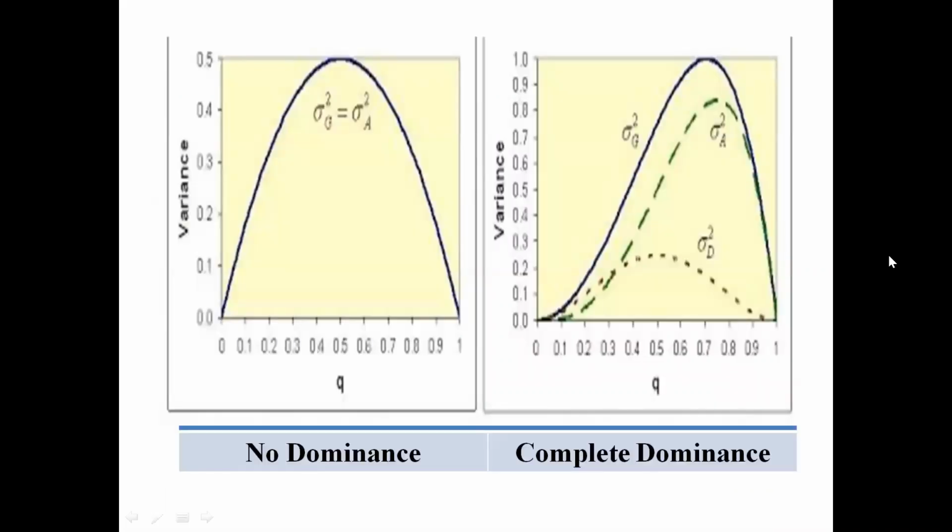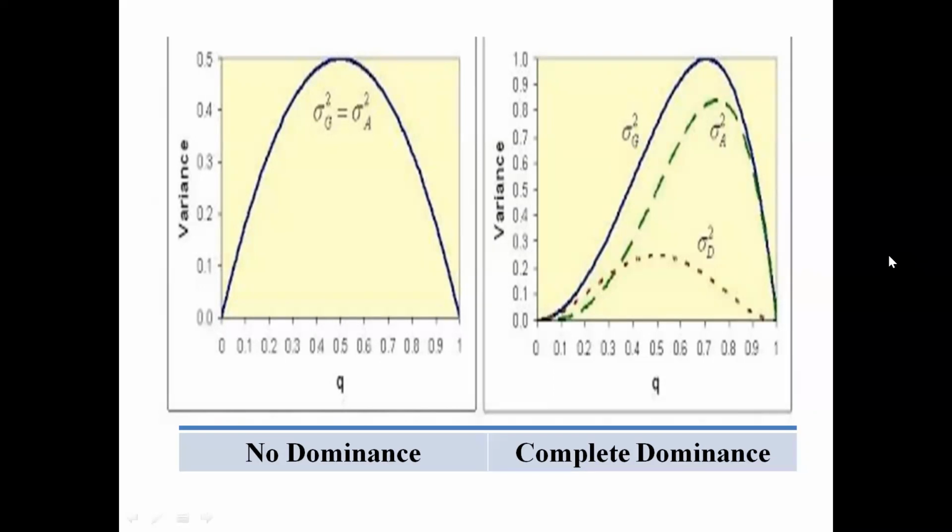Our next question was, interpret or mention all these variances graphically. In both the situations, if you plot the figures on graph, you will get such type of figure. On x-axis, we will put the frequency, that is Q, and on y-axis, we will put the value of variances. In case of no dominance, we will get this type of figure, and in this case, genotypic variance is equal to additive variance.